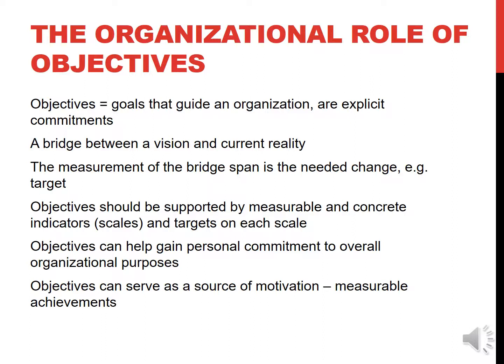But in terms of the role of objectives, we can see that objectives are really synonymous with goals, and they are also explicit commitments. These are commitments that management makes in order to state what they're going to do, and when it relates back to the policy, it relates back to compliance obligations and the views of interested parties, then you have a why it's important to do it.